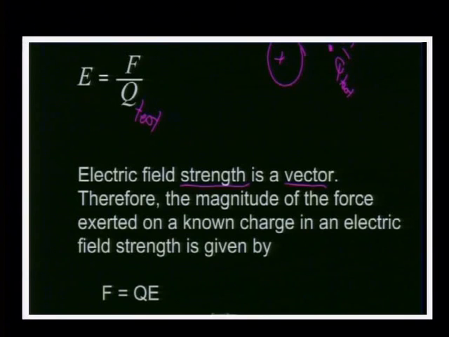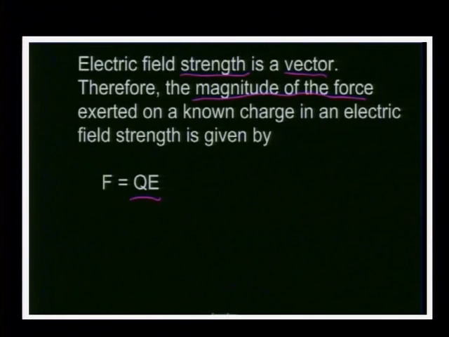It's either attraction or repulsion, and we need to be giving that as an answer. So what you need to recognize as well is that you can use this formula to calculate the magnitude of the force. We can take the electric field strength, if we're given it, and we multiply it by the value of Q, the charge placed at that position, and we can always work out the force of repulsion or attraction.